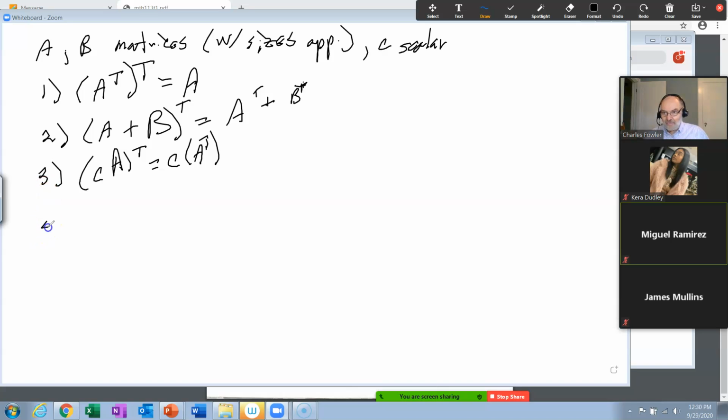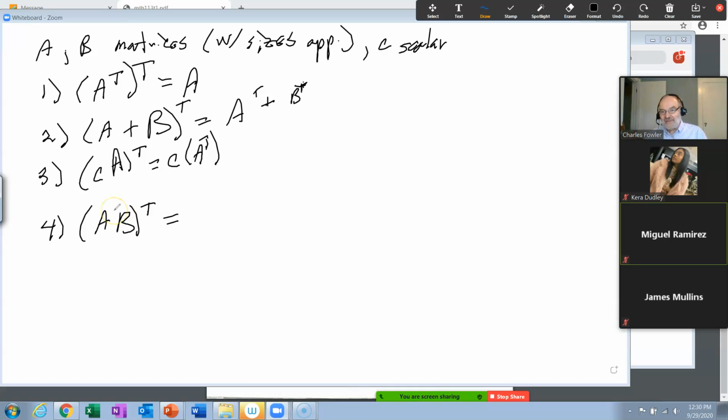And here's the fourth property of transposes. And this is the one we did in our exploring. If you have the product A times B and transpose that product, now again, the size is important. If A is an M by N, B has to be an N by something.